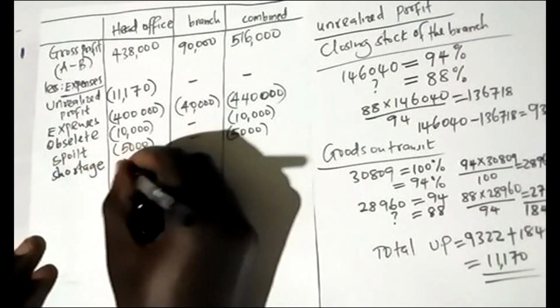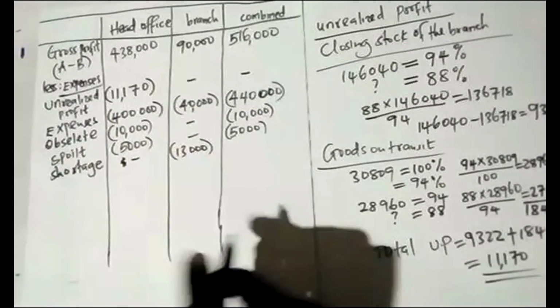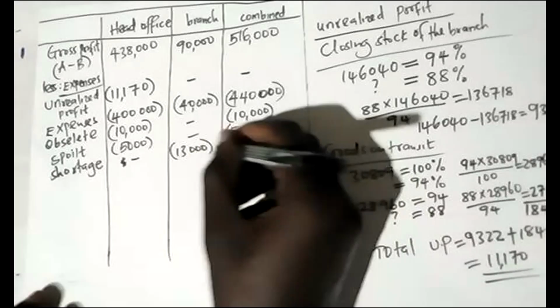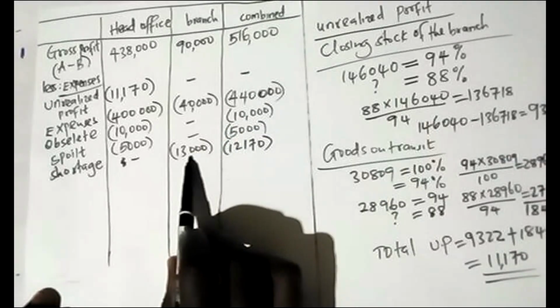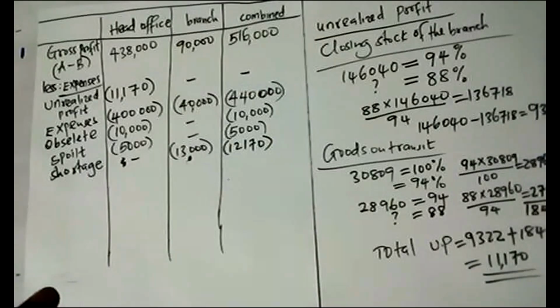Shortage was under the branch, 13,000, and this one we converted to cost so that we record it under combined, and we recorded 12,170. That one we have already, because this one is at 94, since it was at invoice price from the head office to the branch. But we need the cost in order to record at combined, and the cost is at 88. So we did that working.